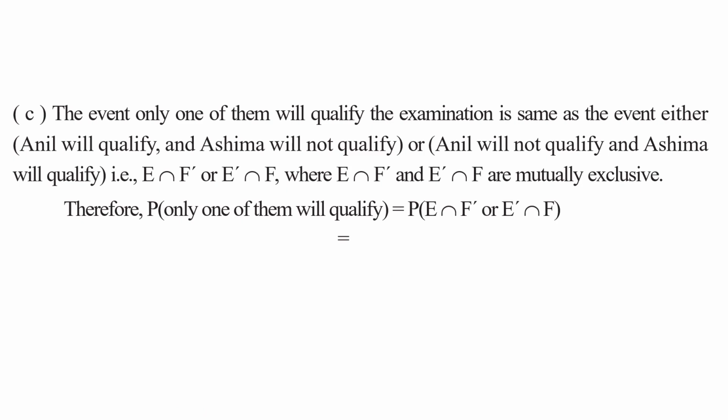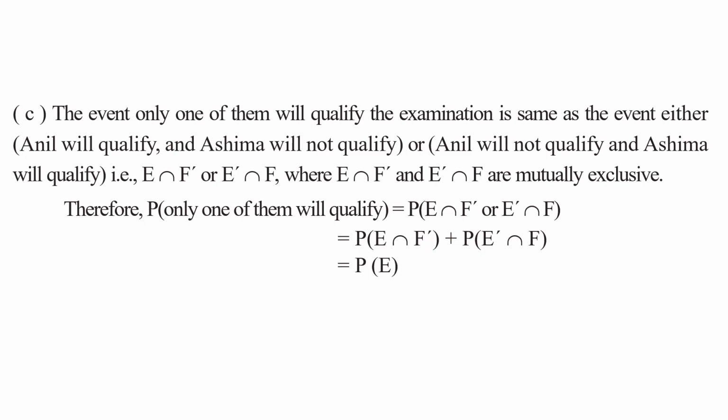Right. That is equal to P of E intersection F dash plus P of E dash intersection F. Understood this step, my children? Because these two events are mutually exclusive events. Here in the middle or is given, so we can add the two probabilities separately. We find them and we add them. Okay, my children? Right.